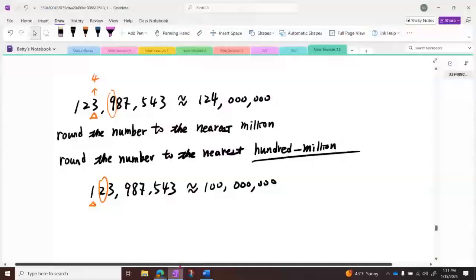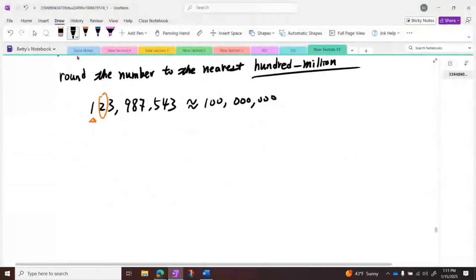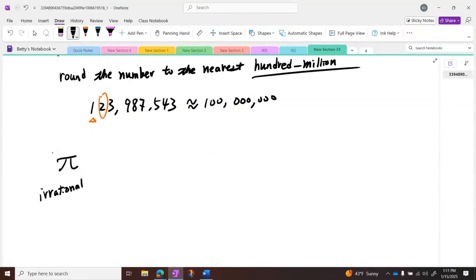For example, pi. We all know what is pi, right? Pi is the most famous irrational number. It is an irrational number, means this number is a non-repeating, non-terminating decimal.